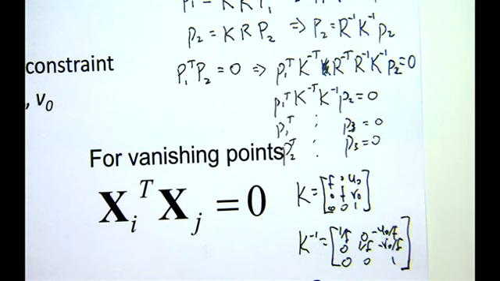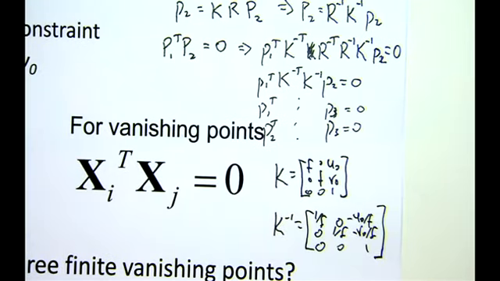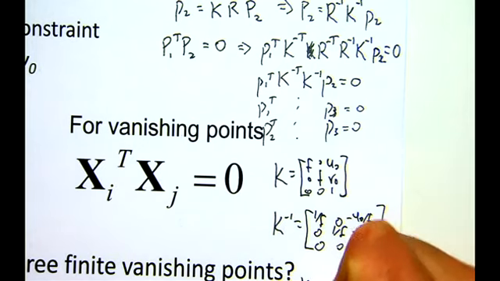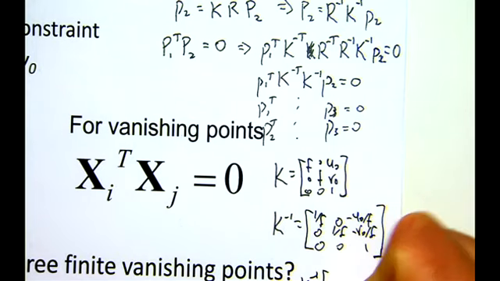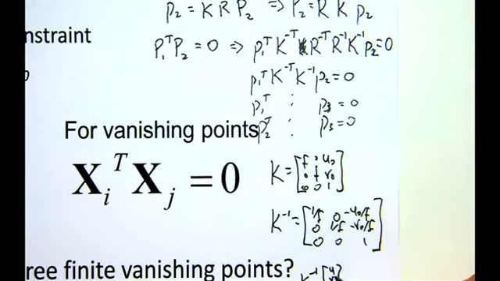One thing, as an aside: in your next homework, you'll need to at some point normalize your coordinates, which means you want to compute K inverse times UV1, or compute U and V after pre-multiplying by K inverse.